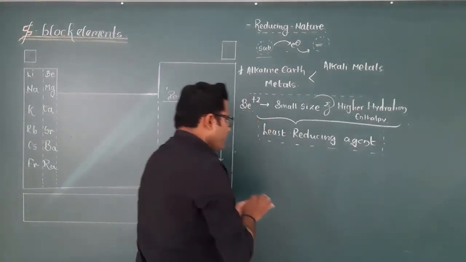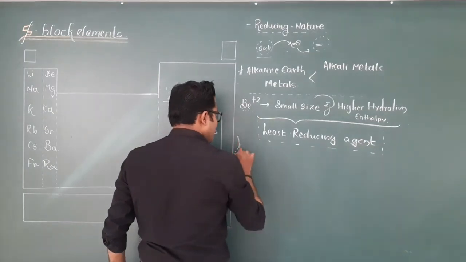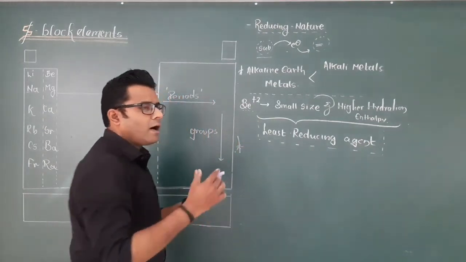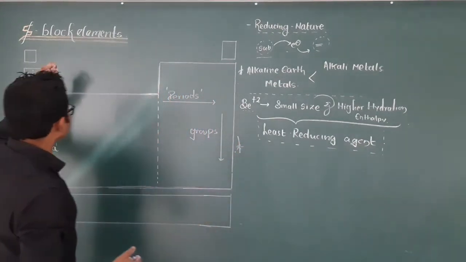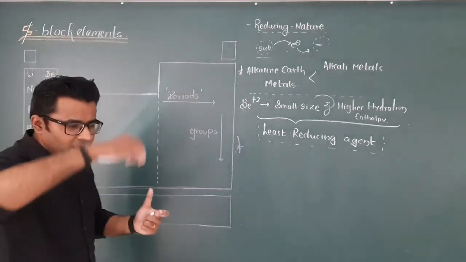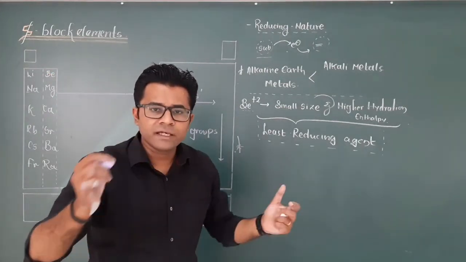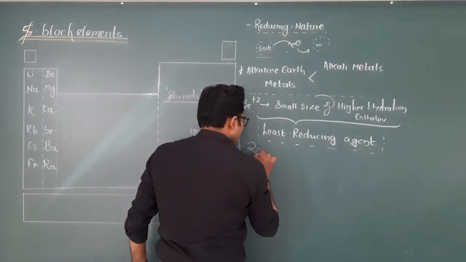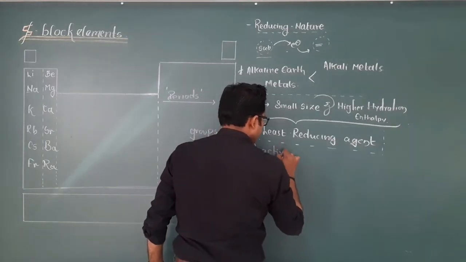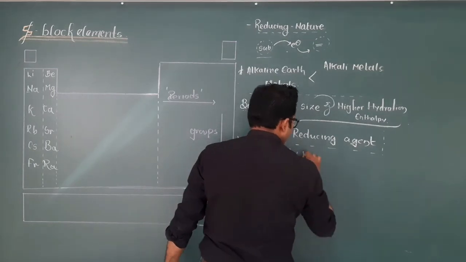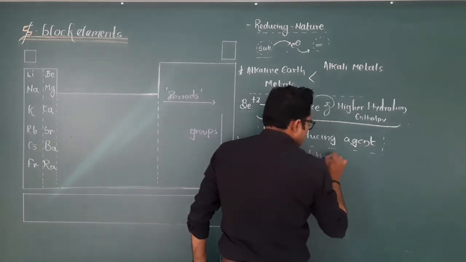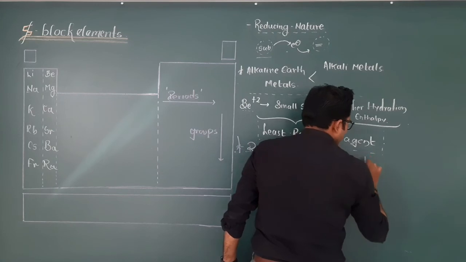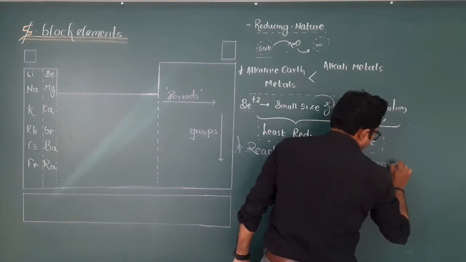Let's observe one last property, and that is how these alkaline earth metals react when we drop them in liquid ammonia. So the next one is the reactivity with liquid ammonia.